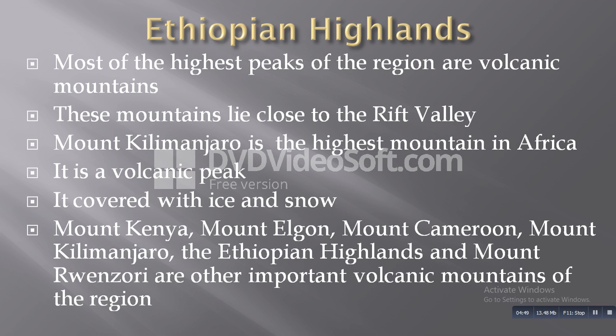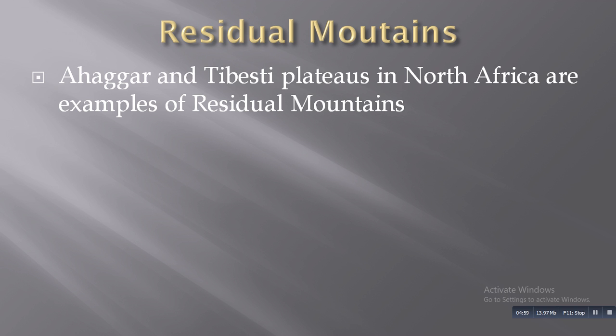So this is about the Ethiopian highlands. Next one, residual mountain. Ahaggar and Tibesti Plateau in North Africa are examples of residual mountain found in Africa.